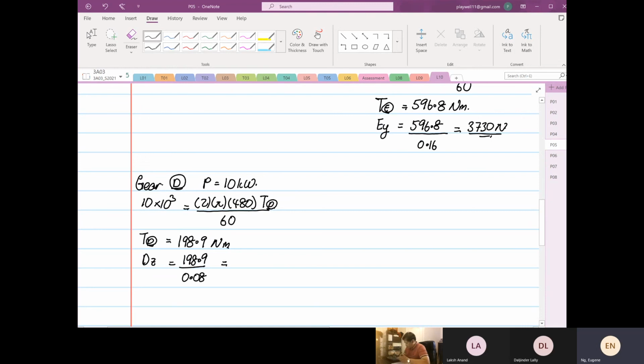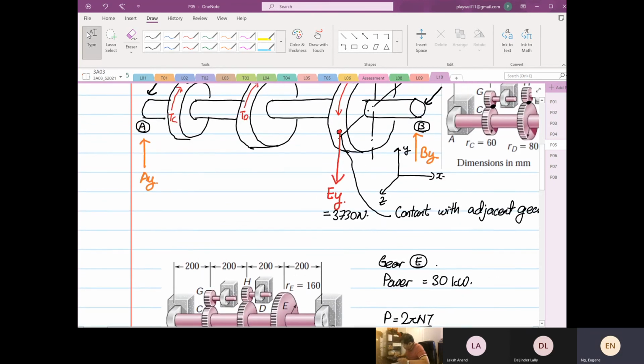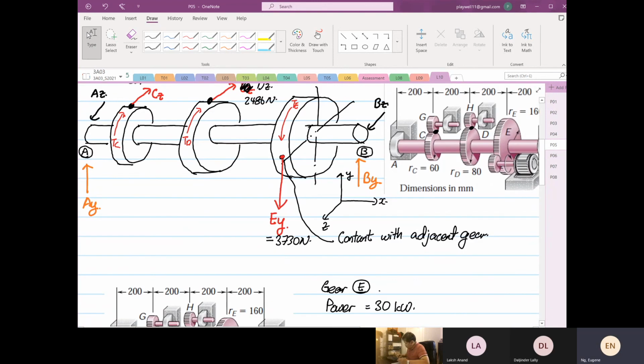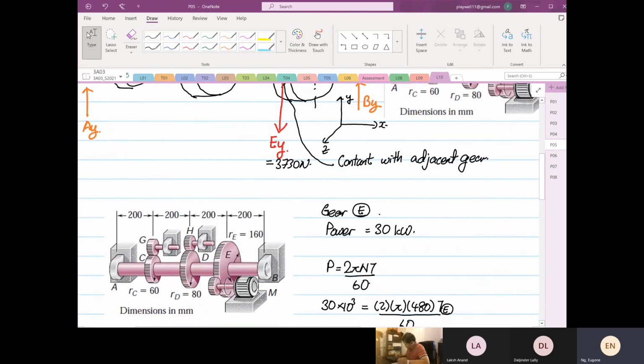So 198.9 divided by 0.08 is equal to 2486 Newton. So we know that this is equal to 2486 Newton. And then next we go into CZ.